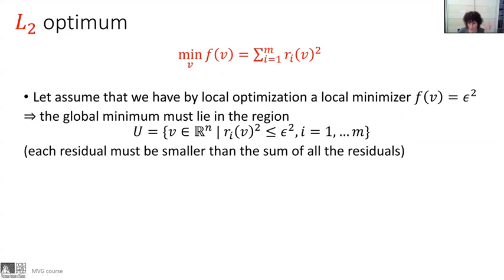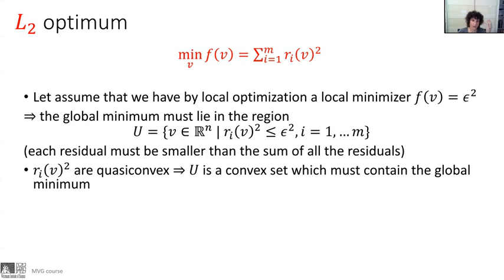Actually, it means that the global optimum, which can be just smaller than this, must lie in this region. Why must it lie in this region? What is this region? This region is all the points, all the v's, such that the squared residual is smaller than epsilon squared. Why is this true? Because each residual must be smaller than the sum of all the residuals. So somehow the global minimum must reside here. Why is this so nice?